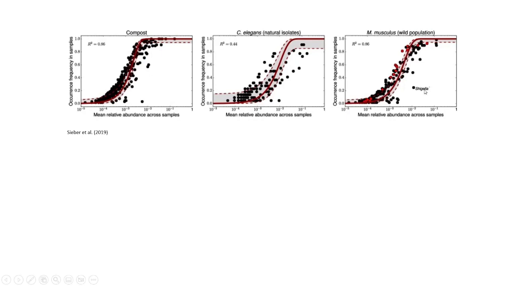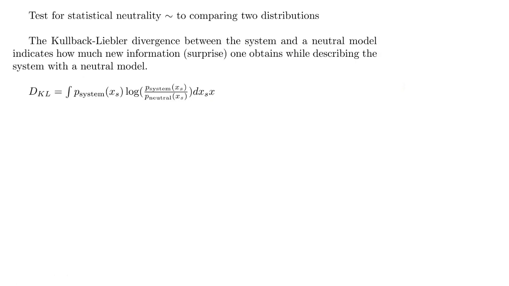Here, for example, in the mice, the Shigella has a higher mean relative abundance across samples than frequency in samples. That means that some samples have high Shigella numbers. So you get these two types of answers, and here you're focusing on whether the dynamics of one species is neutral or not.